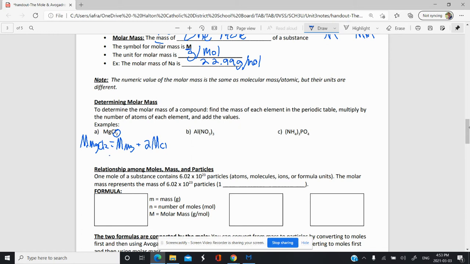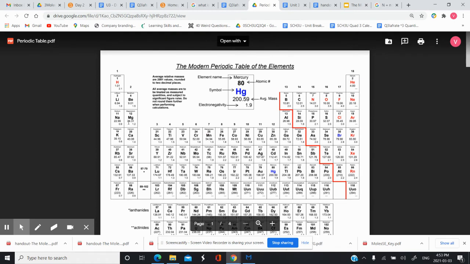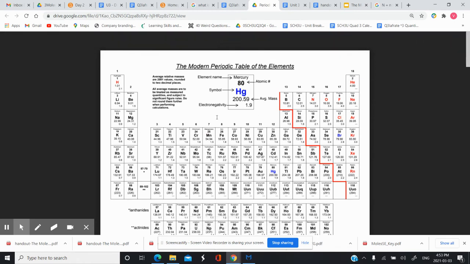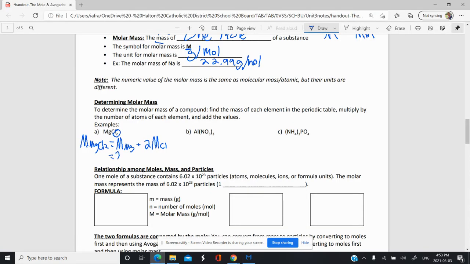So that's going to be equal to, let's go look at our periodic table. We have magnesium is 24.31 and chlorine is 35.45. So 24.31 grams per mole plus 2 times 35.45 grams per mole.